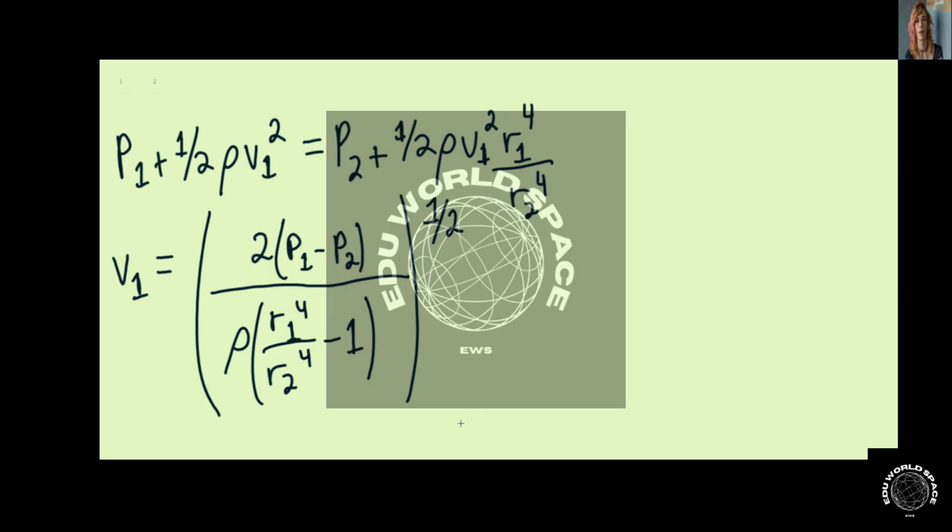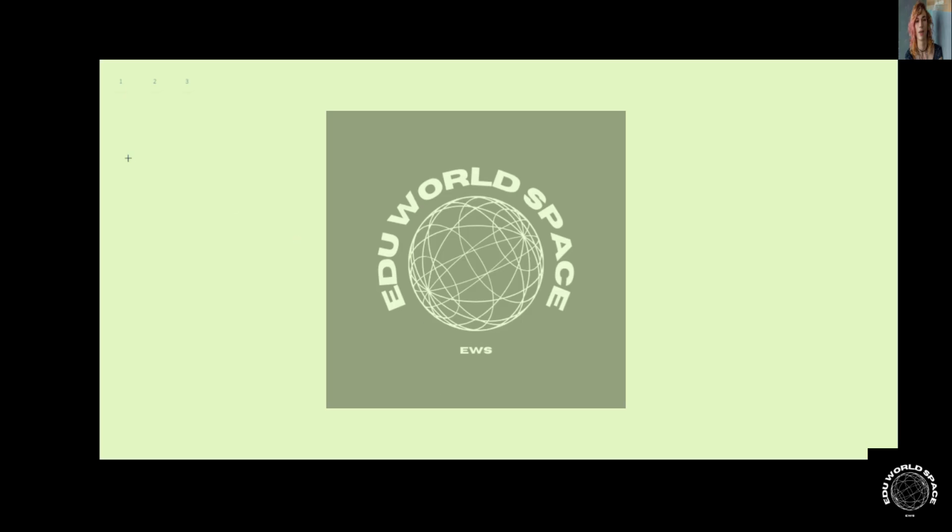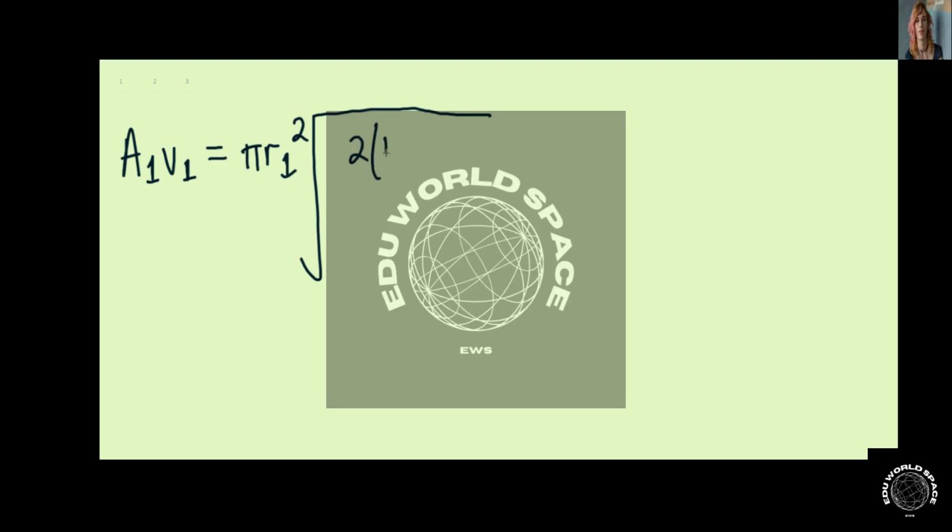If this is the formula for V sub 1, we can then find the volumetric flow rate. A sub 1 V sub 1 equals pi r sub 1 squared, and again times the square root of 2 times P sub 1 minus P sub 2 divided by rho, the density, times r sub 1 to the 4th divided by r sub 2 to the 4th minus 1, and then we can just solve.